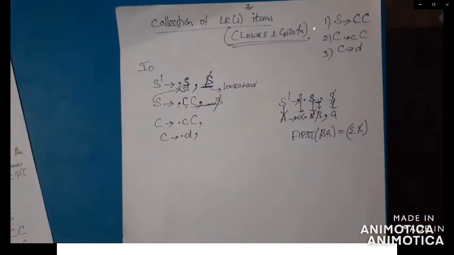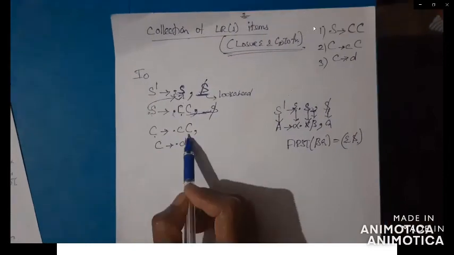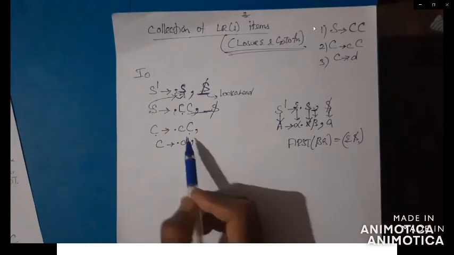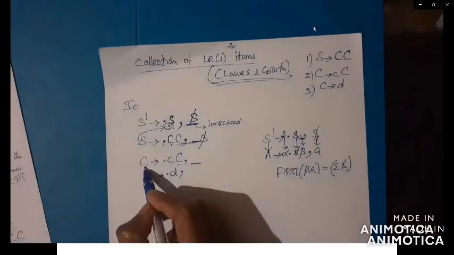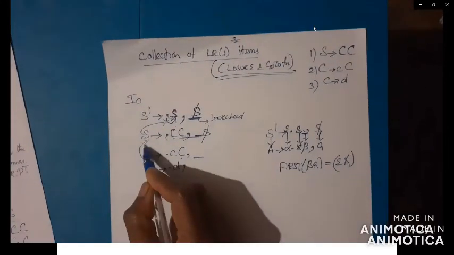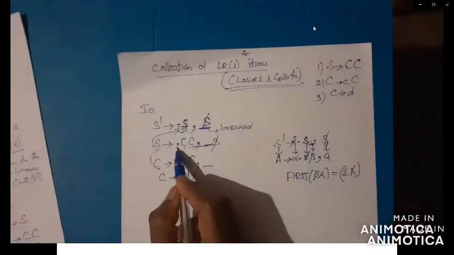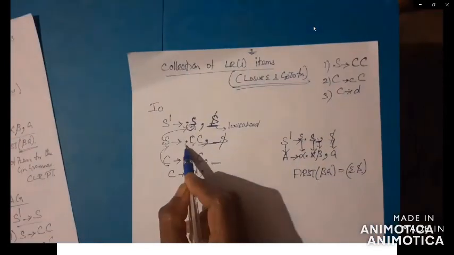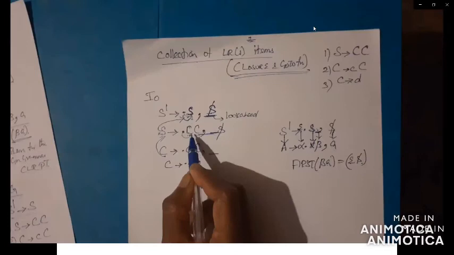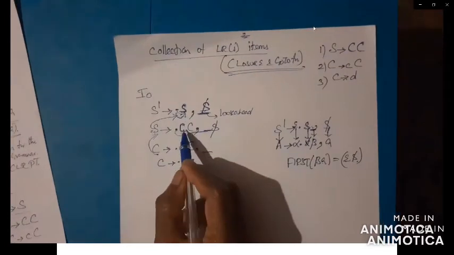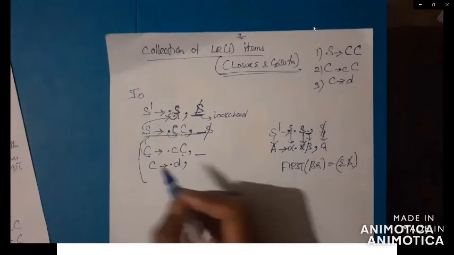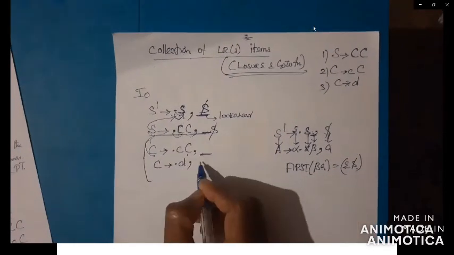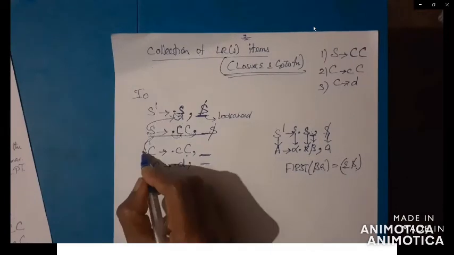Okay, it's correct. Second, for the next production you have to check how to write the look ahead symbol. This production comes from X only. So S is equal to dot capital C, and the dot's immediate right side is capital C, so you have to write the C production. Based on this grammar only you have to write these two productions, and you have to check the look ahead symbol for these two productions.